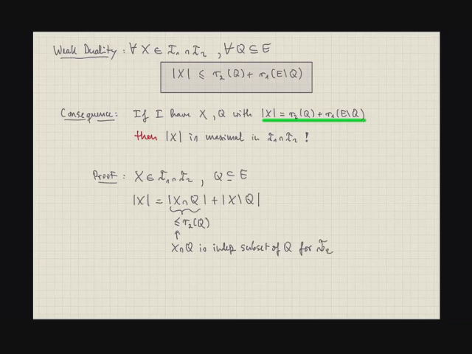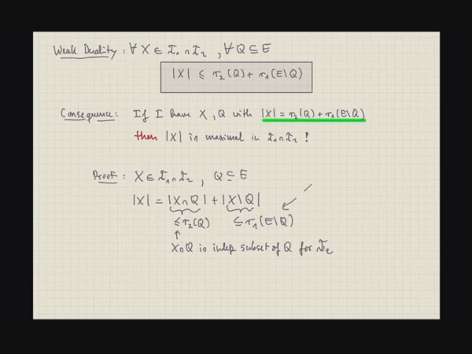And now likewise, if I look at the other set here, X without Q, X was an independent set with respect to the first matroid. So when I take out elements, this is still independent. So here I have an independent subset of the set E minus Q. And therefore, this is upper bounded by the rank of that set with respect to the first matroid, rank of E minus Q. So once again, why is this true?